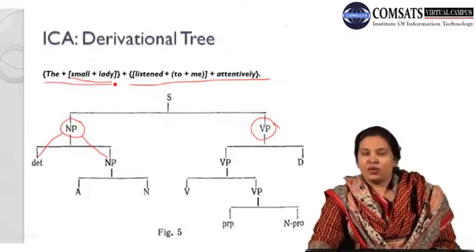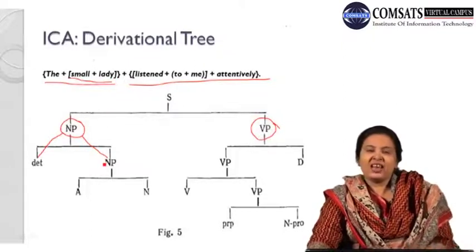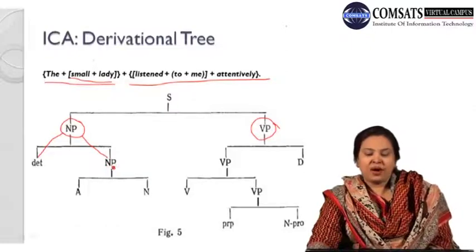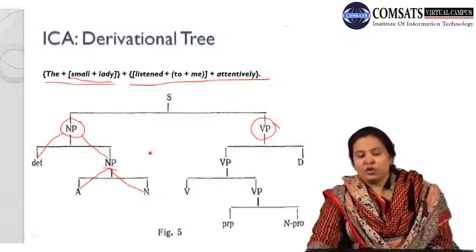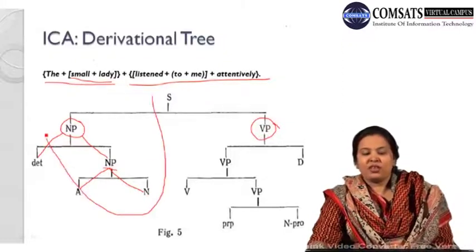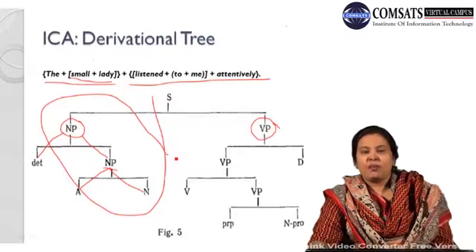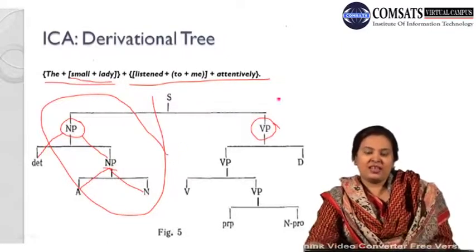I will divide it into two parts, and that noun phrase is composed of an adjective, small, and a noun, lady. This way we have received the immediate constituents of the first part of that sentence.